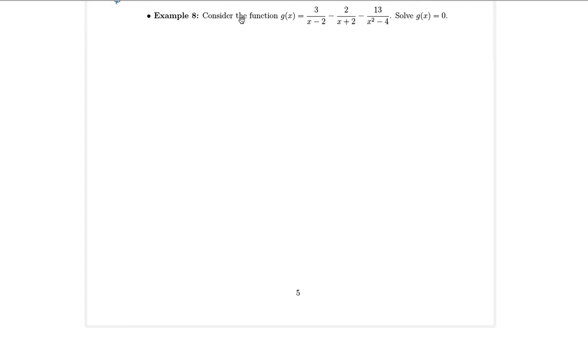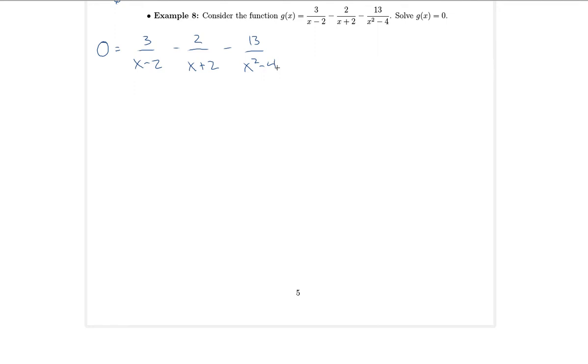All right, so we should have started here with 0 in for g of x is equal to this, right?